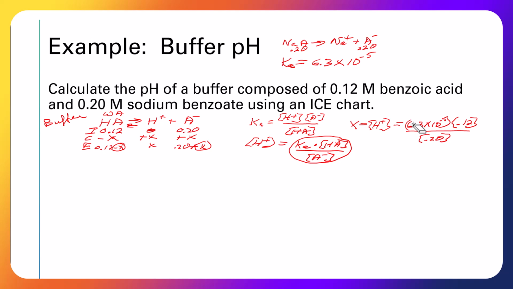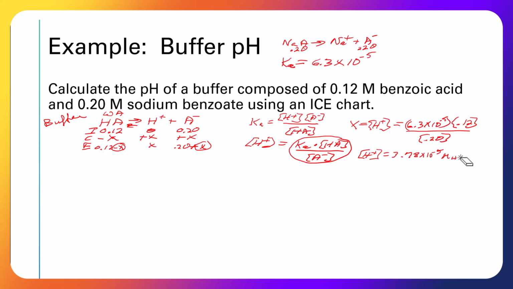Let's go ahead and plug that in the calculator. So that's going to be 6.3 times 10 to the minus 5 times 0.12, that's my HA concentration, divided by 0.20, my weak base concentration, and I get 3.78 times 10 to the minus 5. So X, which equals the hydrogen ion concentration, is equal to 3.78 times 10 to the minus 5 molar.